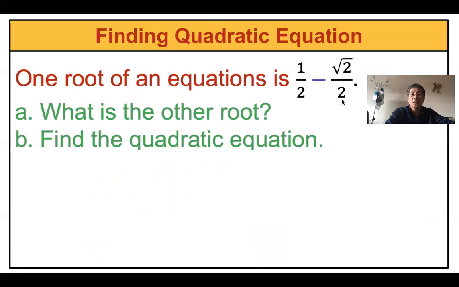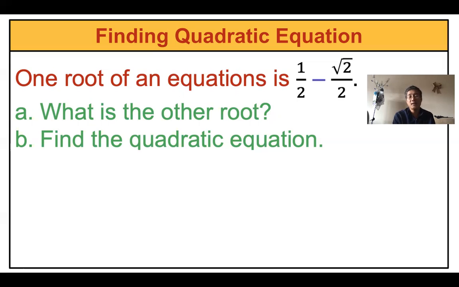So when you know one irrational zero, how do you find the other root? Again, irrational zeros have a conjugate and come out as a pair.